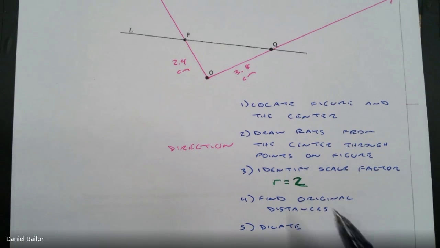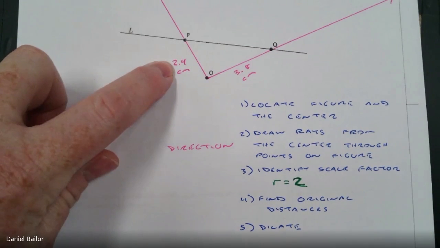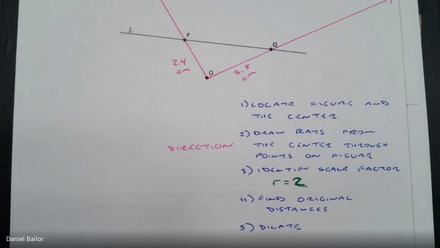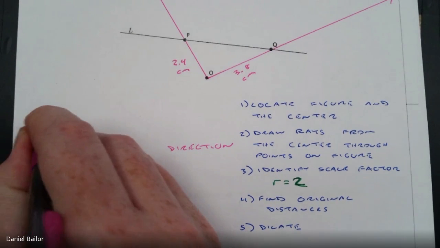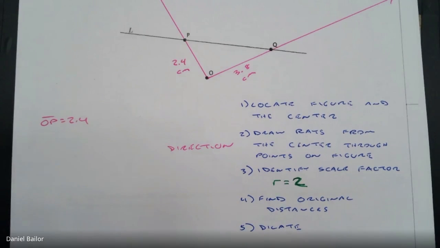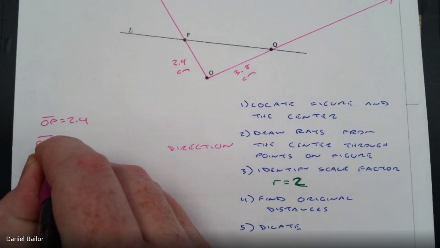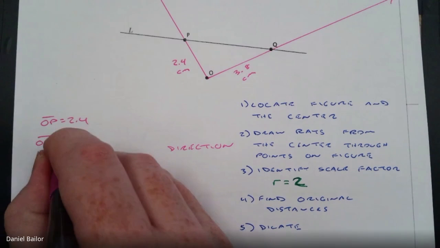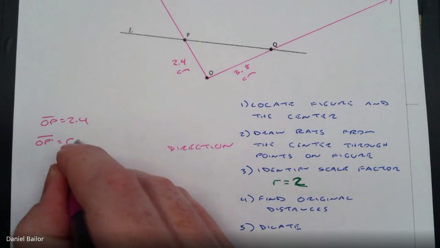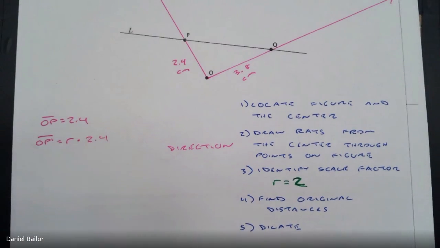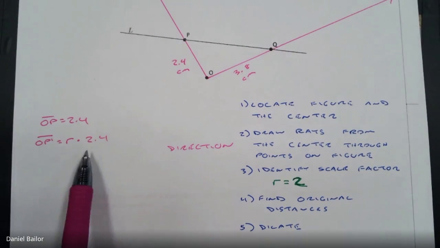So if the scale factor is 2, the original was 2.4. So remember, OP is 2.4. So OP prime is going to be R times 2.4, because the R factor is how much it changes.